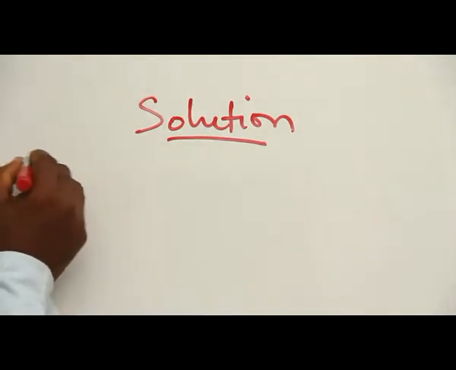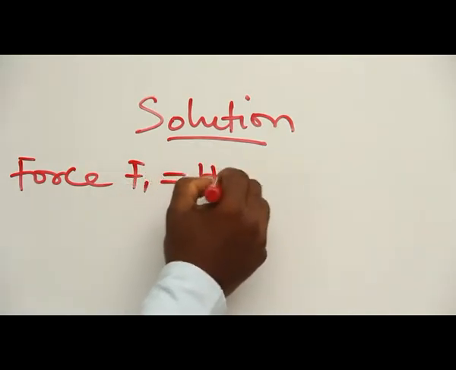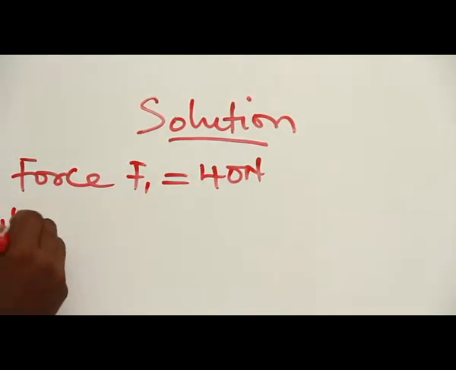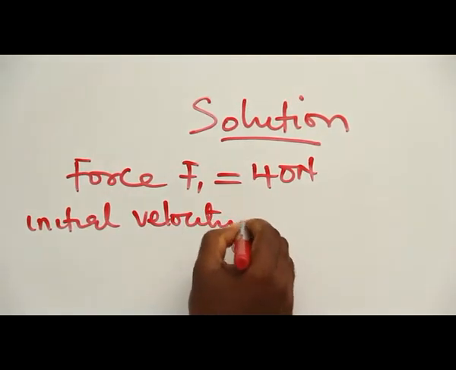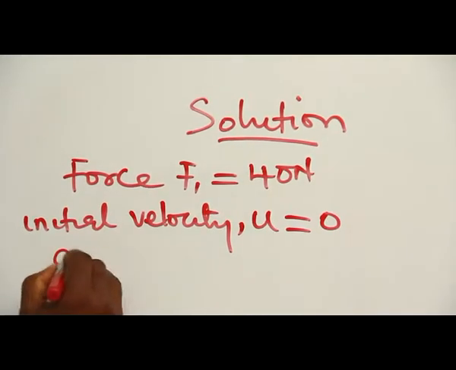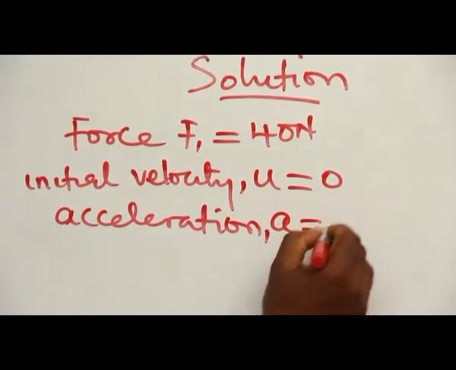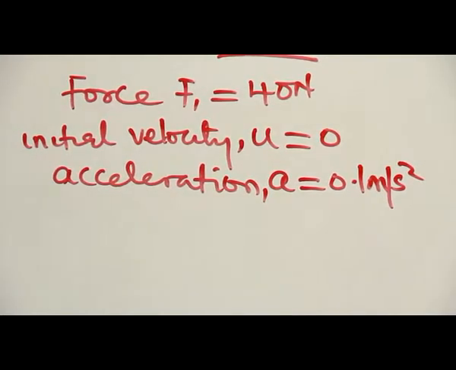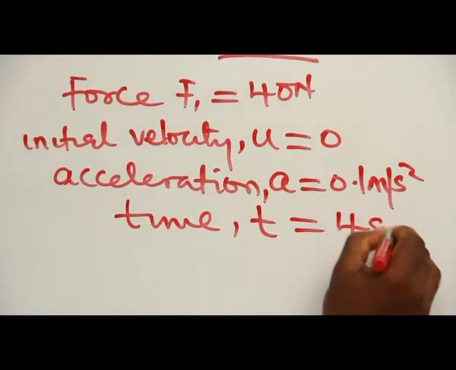We are given the force as 40 Newton. Initially at rest, that means the initial velocity of the body was 0. We are also told that the acceleration is 0.1 meter per second squared, and it lasts for a time of 4 seconds.